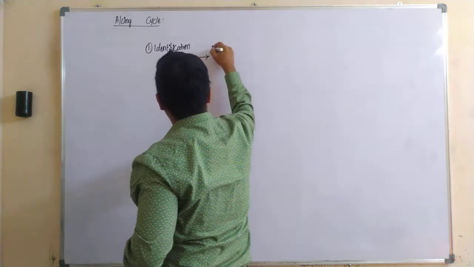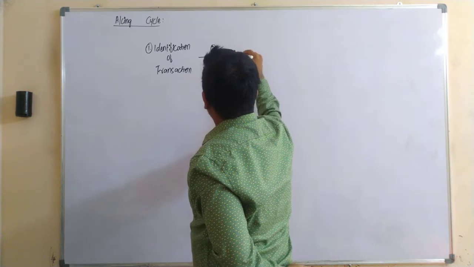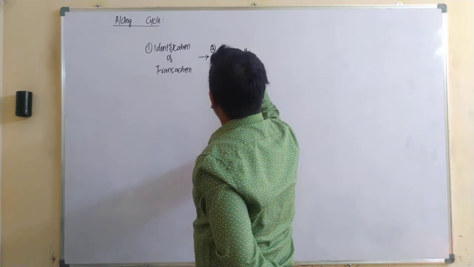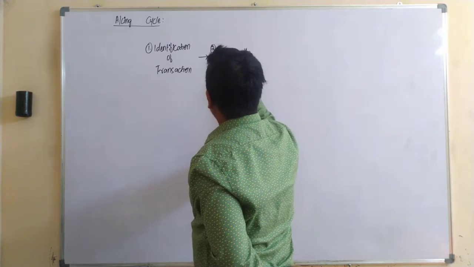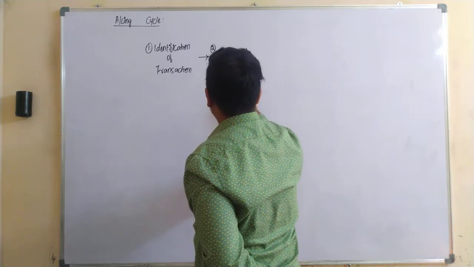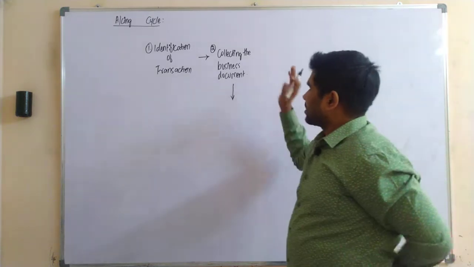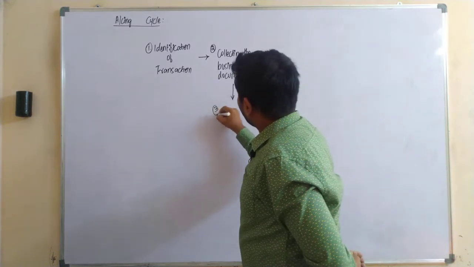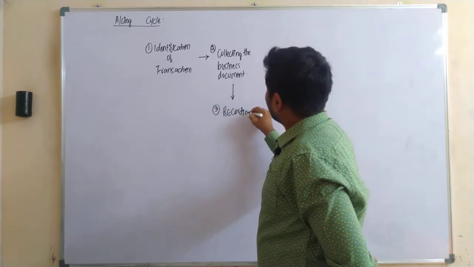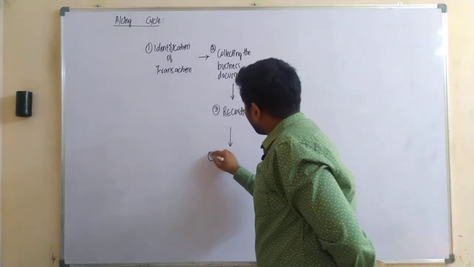Your next step would be collecting the business document. Business document is nothing but your source evidence or documentary evidence of the transaction. And your third step would be your recording. And your fourth step would be posting.